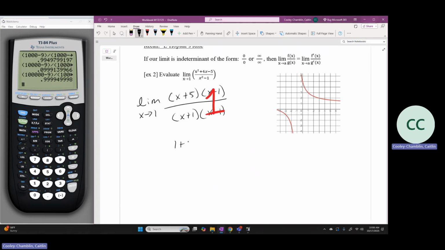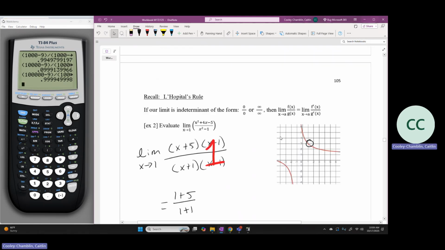So we get 1 plus 5 over 1 plus 1, which gives me 6 over 2, which is 3. Okay, that requires knowing this rule, or you can make a t-table. Again, we can see from the graph when our x value is 1, our y value is 3.